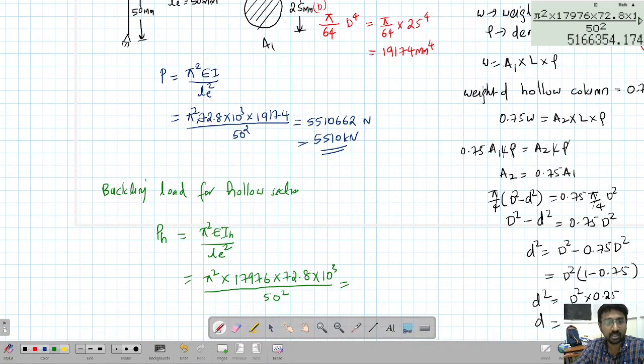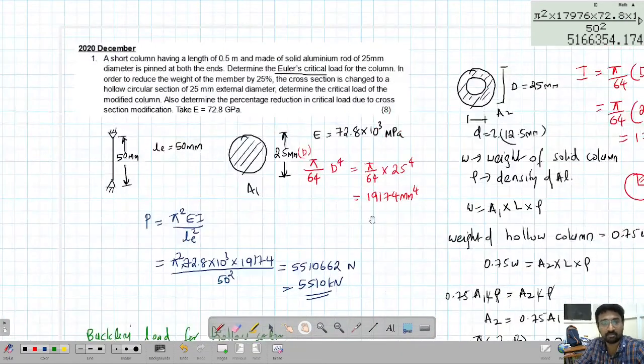This gives me 5166354 Newton. So that means it is 5166 kilonewton. This is the new buckling load.